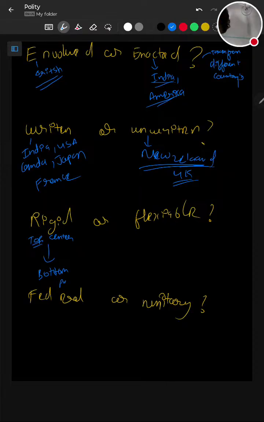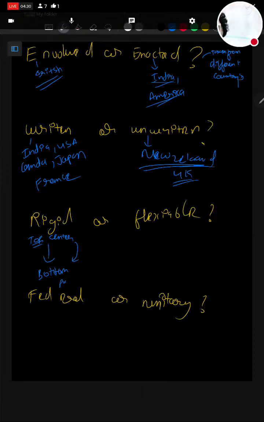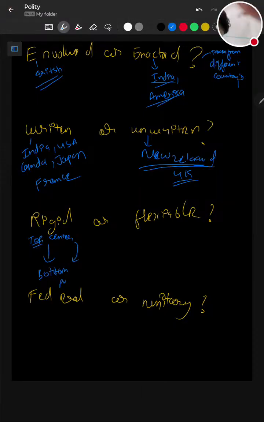What happens is the center, the top, would give orders to the bottom, and the bottom, like Panchayati Raj and all that, would have no power inside of them. That is the main point in the rigid one.